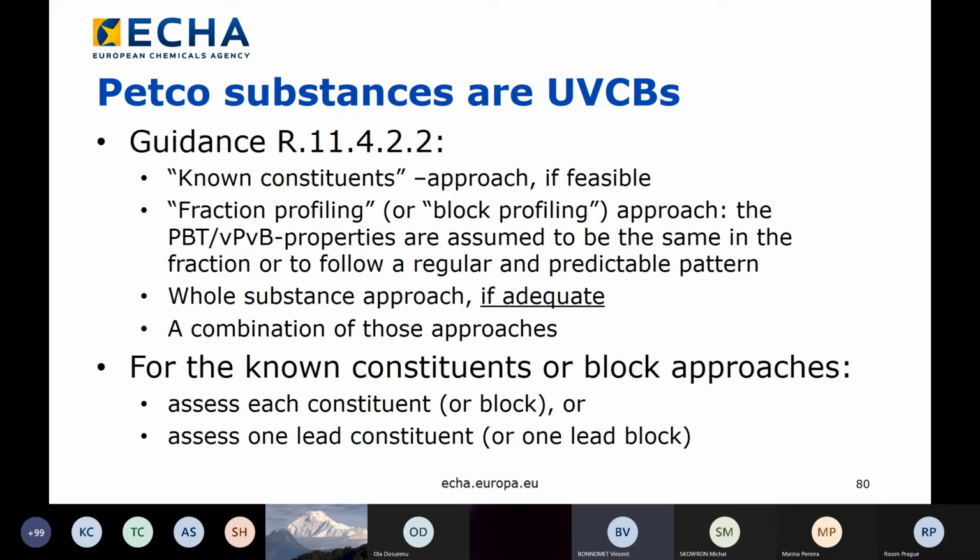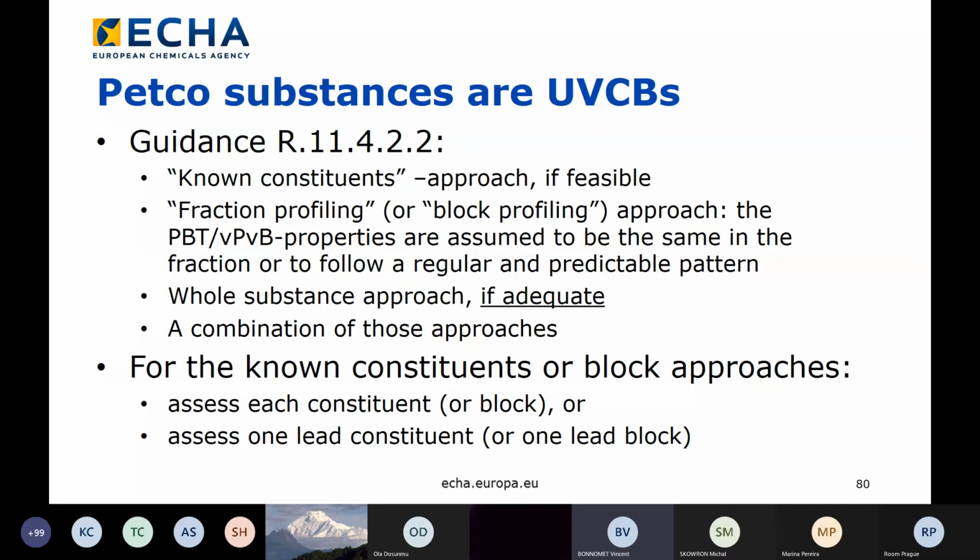Another approach is the whole substance approach. That means that basically you just test the substance as it is. But for the PBT assessment, in most cases, it is not adequate. It will be adequate only if you are sure that you have a substance that is homogeneous enough, homogeneous in terms of PBT, vPvB properties of all these constituents.